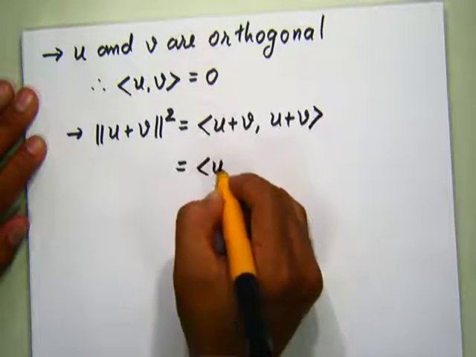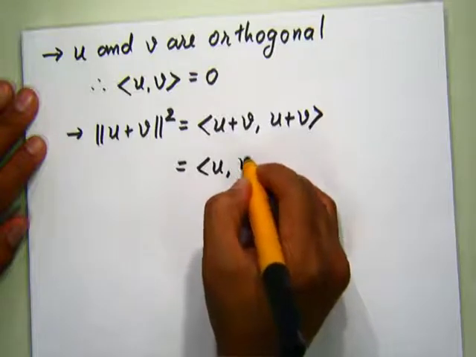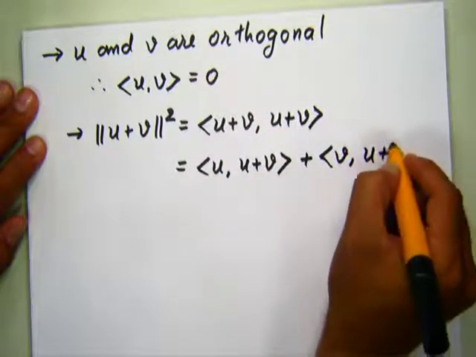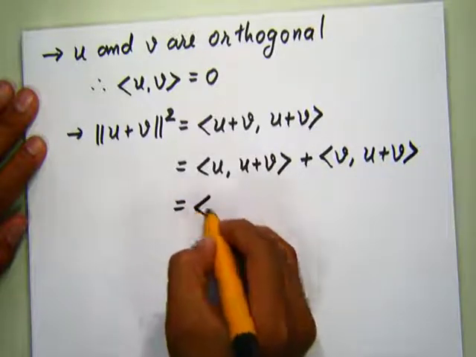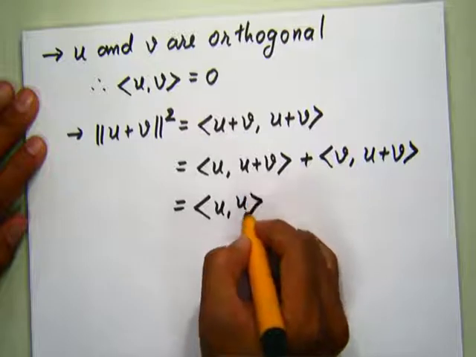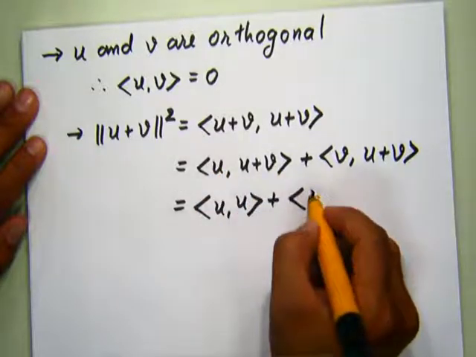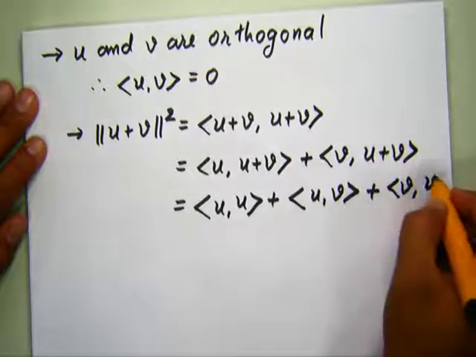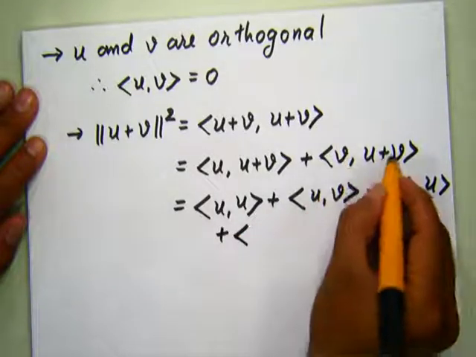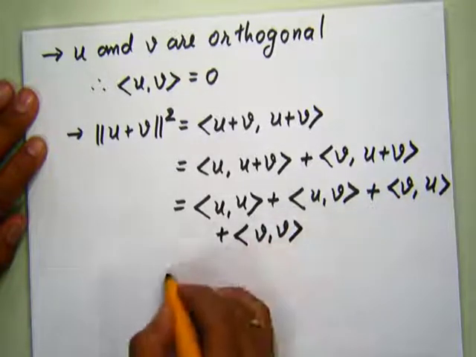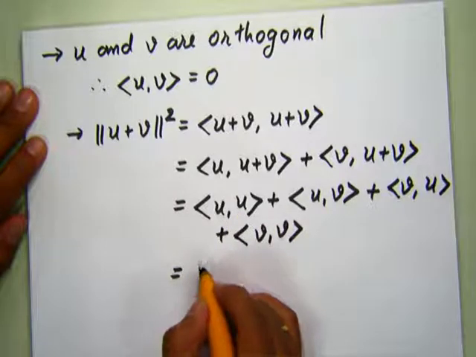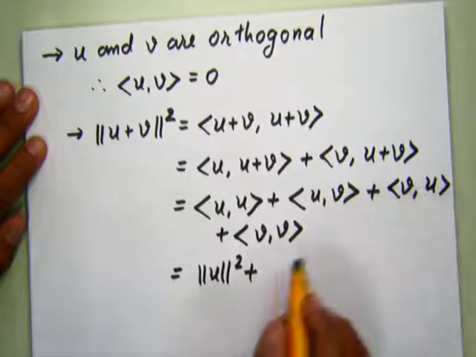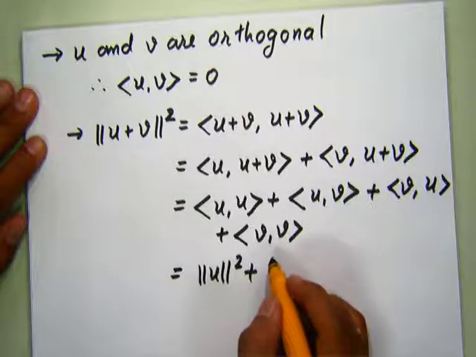Now using the property of inner product, we can write this: inner product of U with U plus V, plus inner product of V with U plus V. Again, using the property of inner product, it is inner product of U with U, plus inner product of U with V, plus inner product of V with U, plus inner product of V with V. So inner product of U with U becomes norm of U square, plus inner product of U, V and inner product of V, U, both are equal by our definition of inner product axiom 1.